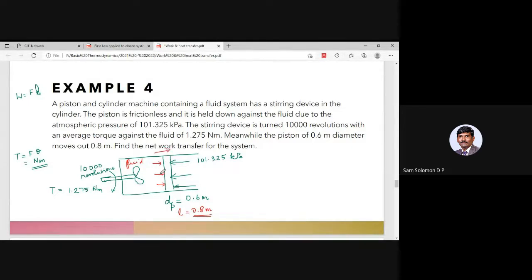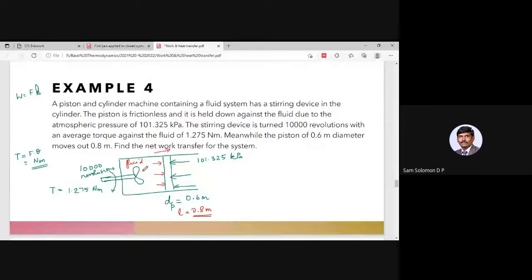Okay, so when you're stirring, you're increasing the pressure. In another sense, we can say you're compressing the fluid. Can I say that? Maybe I am not decreasing its volume, but I am increasing its pressure, I'm increasing its temperature up to a certain point where there is no change in its volume.